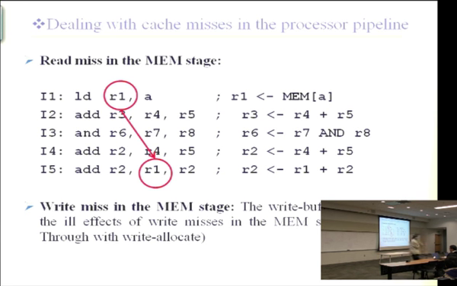So what do we do? Well, we can insert nops and stall the instruction in the decode stage, or we can use a busy bit, forwarding, and speed up the process. So basically, we'll treat this as any data hazard.